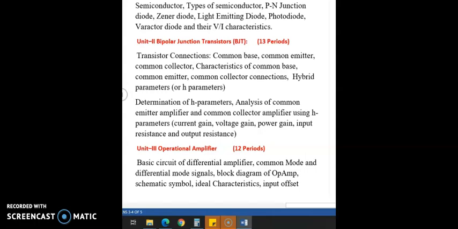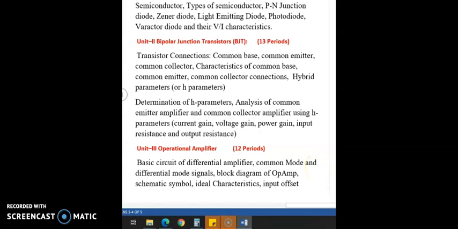What about open loop gain, common mode rejection ratio (CMRR), slew rate, inverting amplifier and non-inverting amplifier. These are the concepts we have to discuss in this third unit, that is operational amplifier.